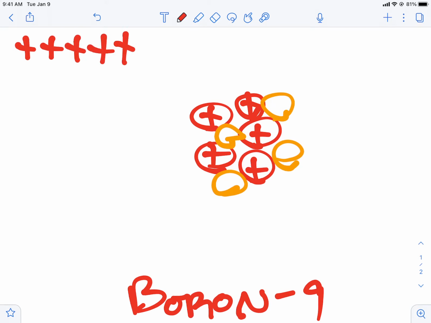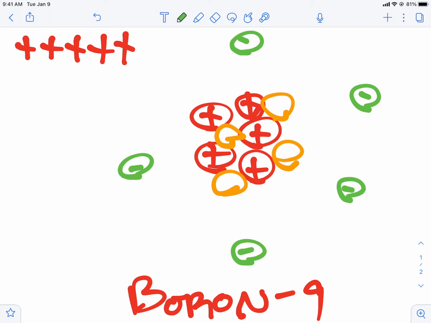If I add an equal number of negative electrons, that is going to neutralize my charge. If I have 5 negatives, they all cancel each other out and I have no net charge. What happens in chemistry is atoms get charges for one reason or another, and that comes from an imbalance of electrons to the protons.